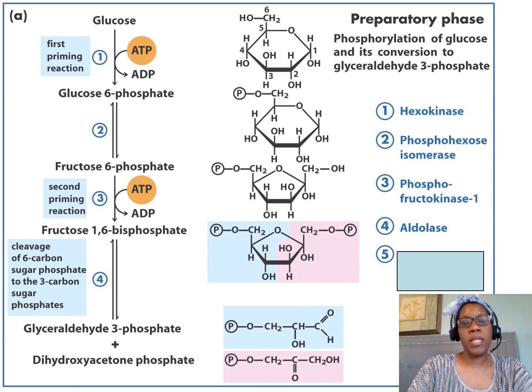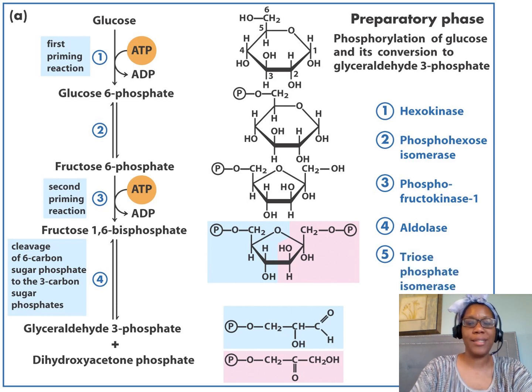GAP and DHAP are good enough names. 2 phosphorylated 3-carbon molecules. And then the last enzyme is triose phosphate isomerase. And that is going to take me from DHAP to GAP, so I have 2 identical molecules of GAP created from the 6-carbon molecule glucose.